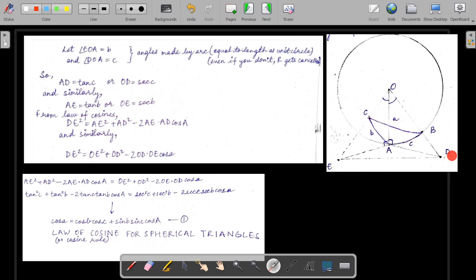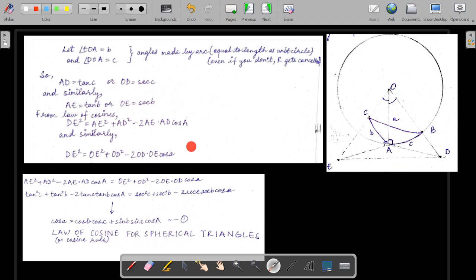So BOE is equal to BOC. And so we have defined EOA to be B and DOA to be C.